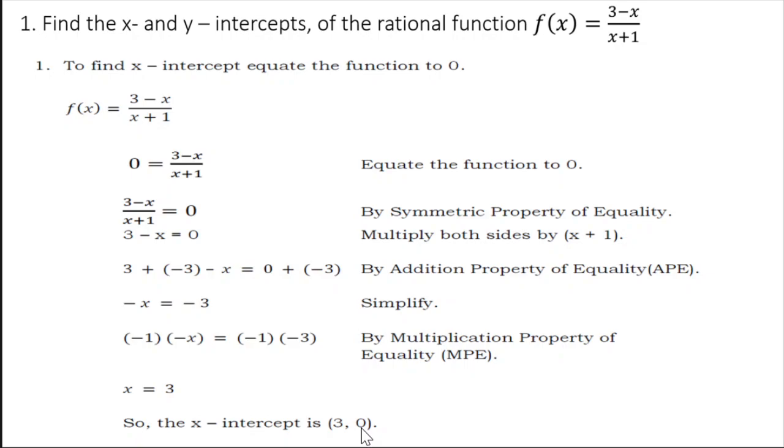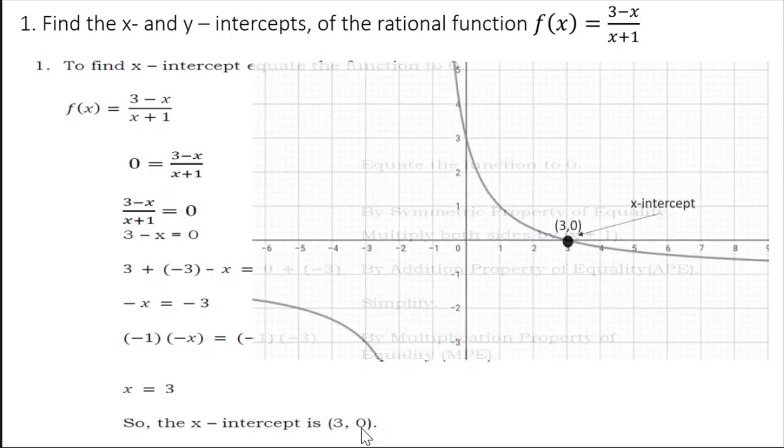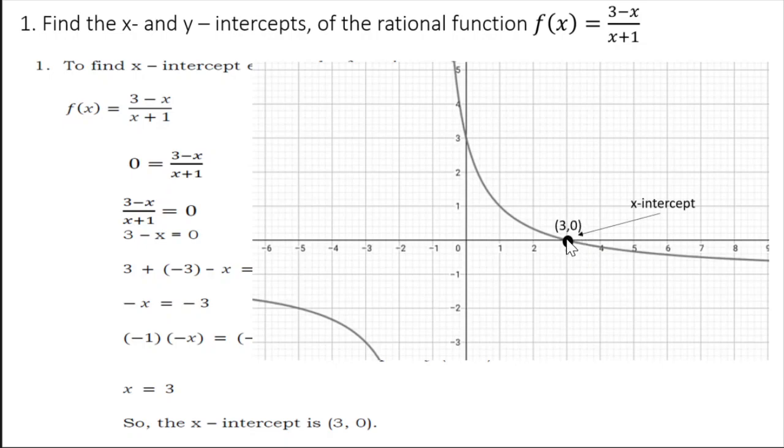Then to graph this function, our x-intercept is this point, (3, 0).